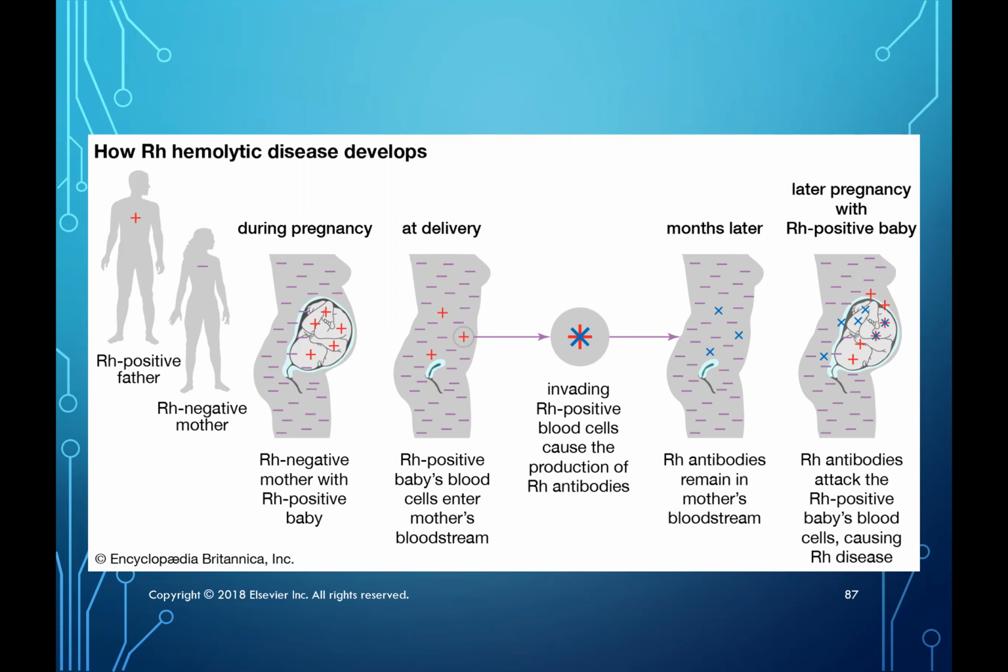Now they give you a RhoGAM shot to make sure that this doesn't happen. So we don't see it in developing countries very much at all, or if a patient has prenatal care.